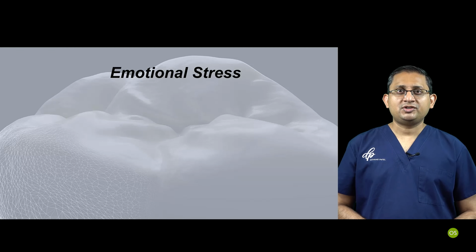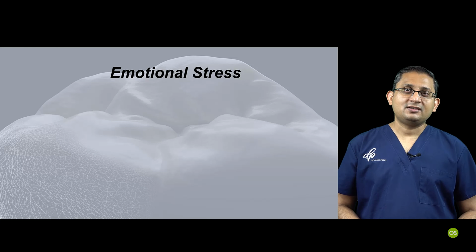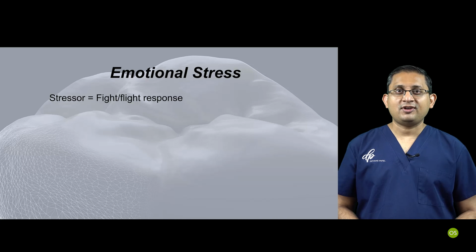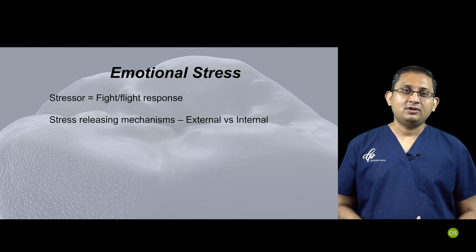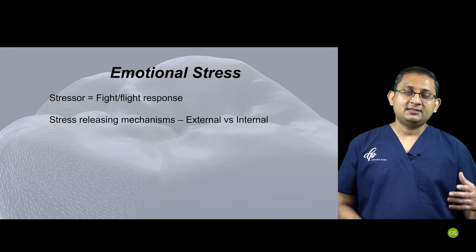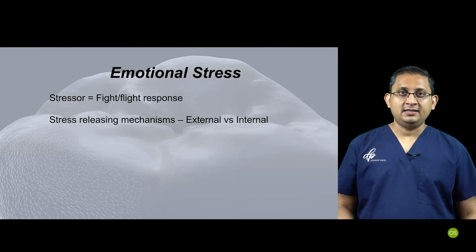We have emotional stress, and there are different types of stress. Stressors cause a fight or flight response. Many times a human being has two ways to deal with this stress: externally or internally. Externally by throwing things, shouting, hitting, or reacting to the stress.